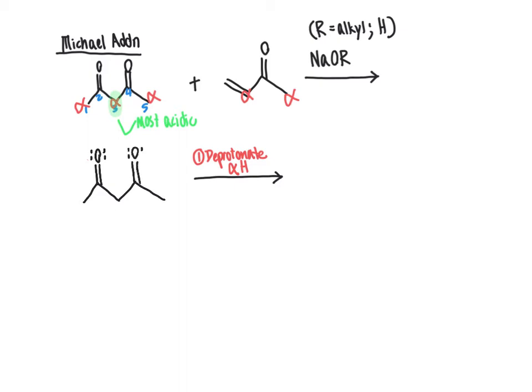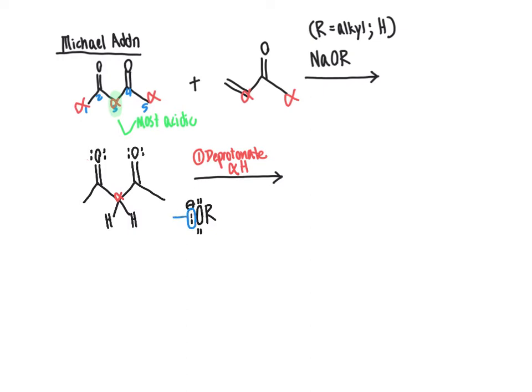So I'm going to show the two hydrogen atoms here, the two alpha hydrogens, explicitly. We will go ahead and react with our base, which I'm going to continue to abbreviate as just OR. Negative formal charge on that because it's bonded to the sodium, indicating to us that that oxygen must be an oxygen anion.